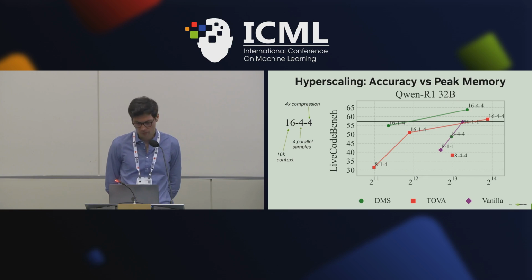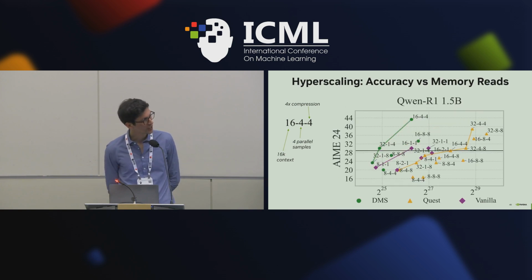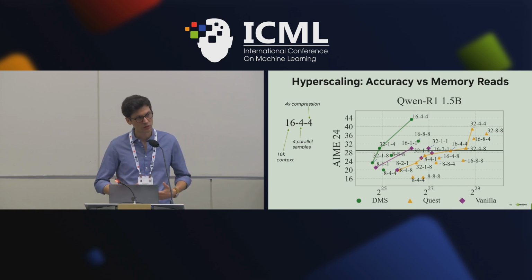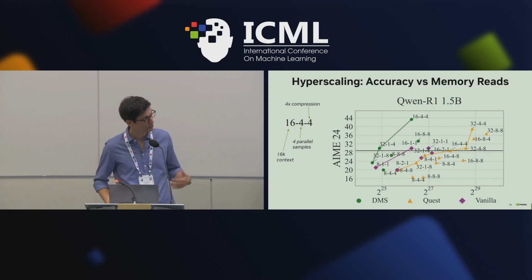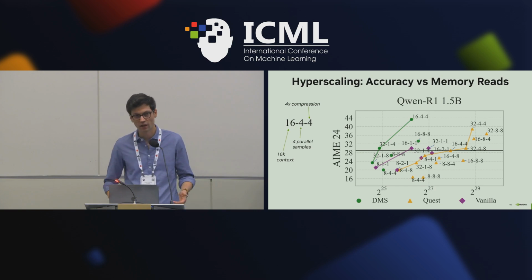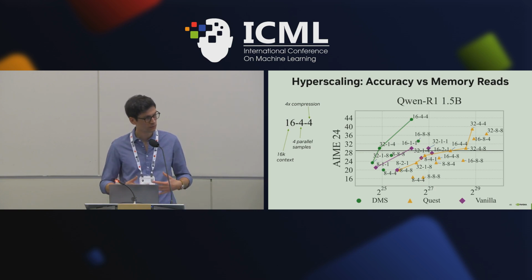Another plot is with TOVA. This is a different metric. With Quest, we are looking at memory reads because for a long context, it best aligns with the overall latency of generation. If we assume that the model is heavily memory bound on reading the KV cache, the cumulative amount of reads from the KV cache would approximate the latency that you expect.